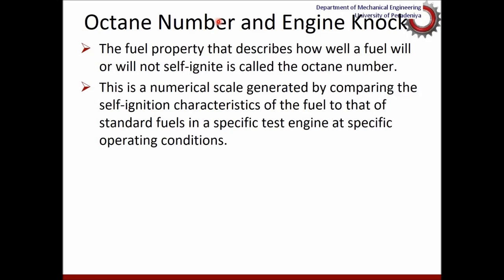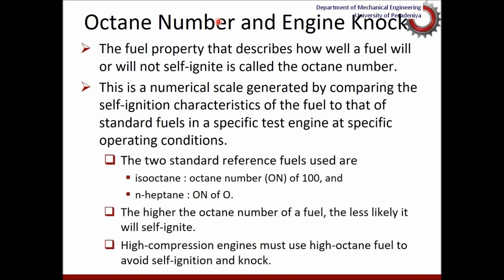In other words, if the octane number is less, that fuel is more prone to auto ignition. So this octane number is a value that is obtained with reference to a certain standard fuel. The standard fuels that we use for obtaining octane number are isooctane and n-heptane.